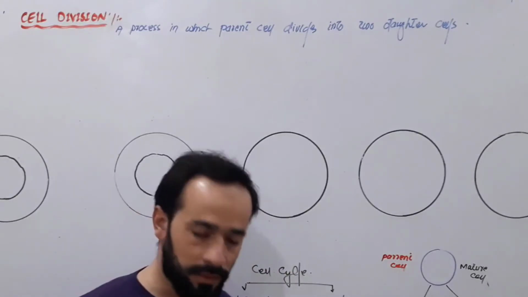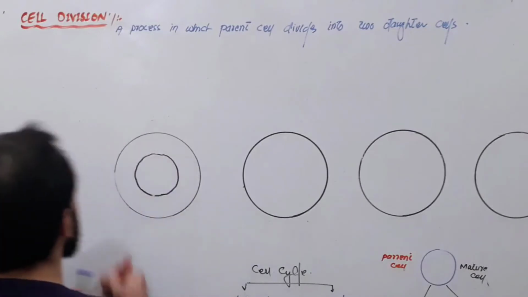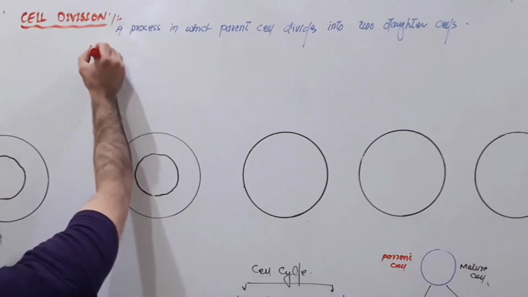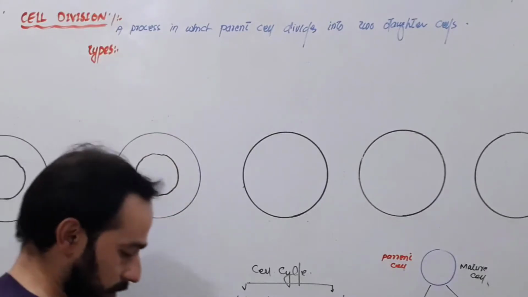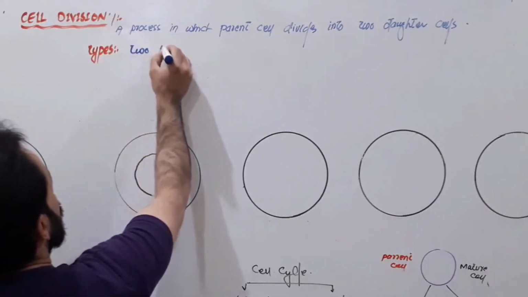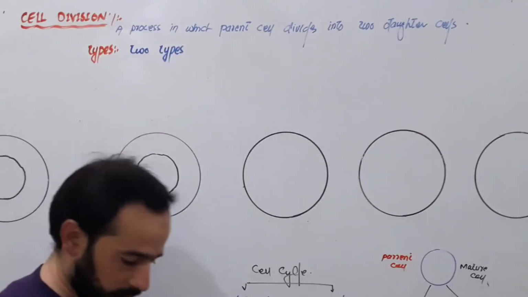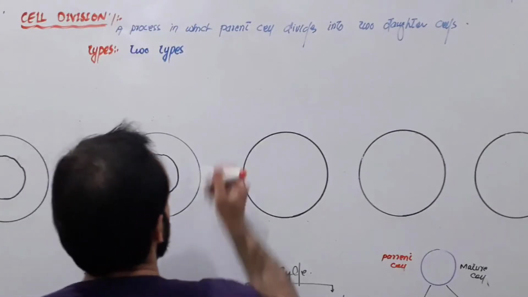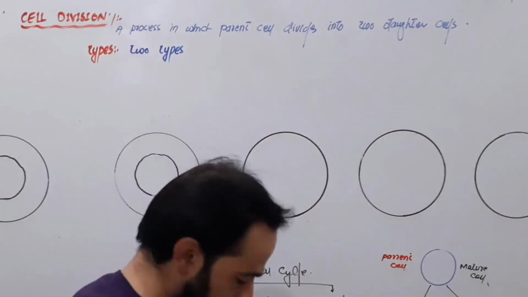And then we know that there are two types of cell division. How many types? We have two types of cell division. Clear, friends? And what are those? Those are mitosis and meiosis, right? So let me make a very small diagram here.